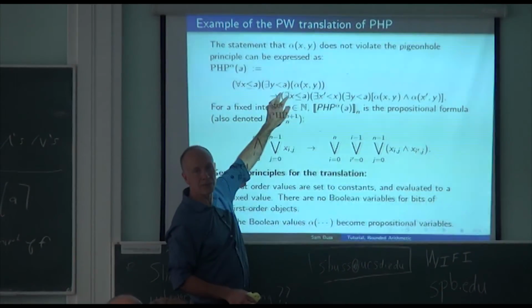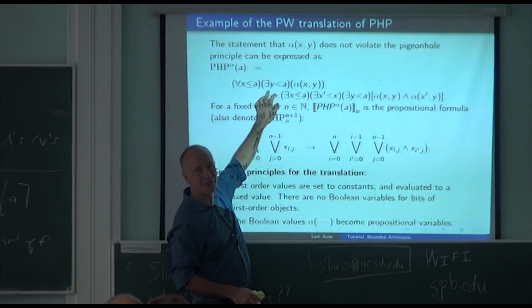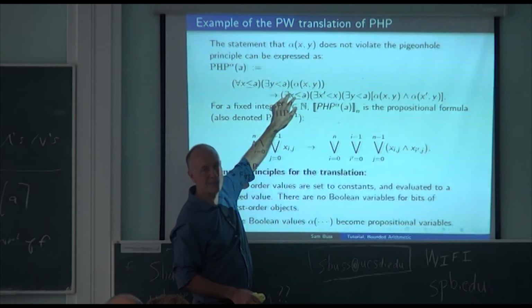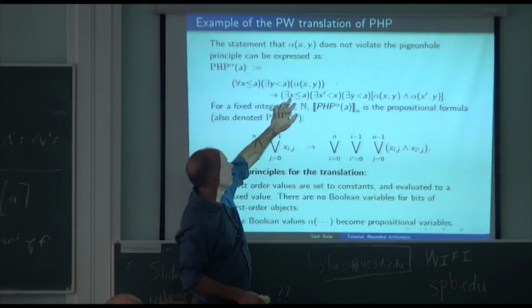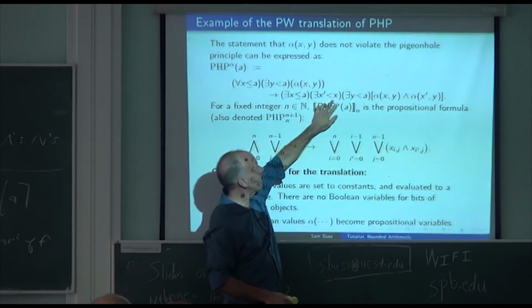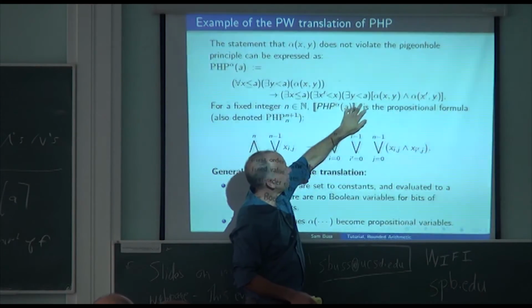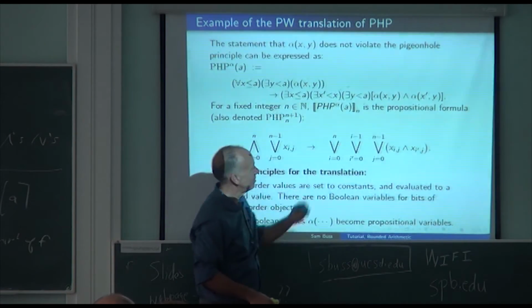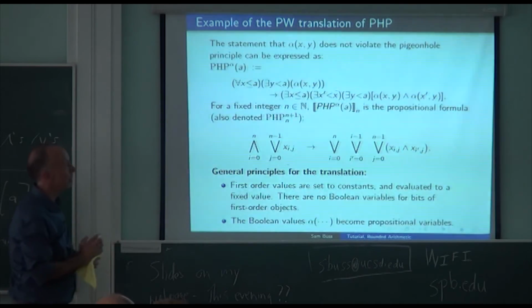for every x there's at least one y, but x's range up through and including a, y's up to but not including a. Then there's distinct x less than or equal to a and x prime less than x, and a y less than a, such that both alpha of x, y and alpha of x prime, y.